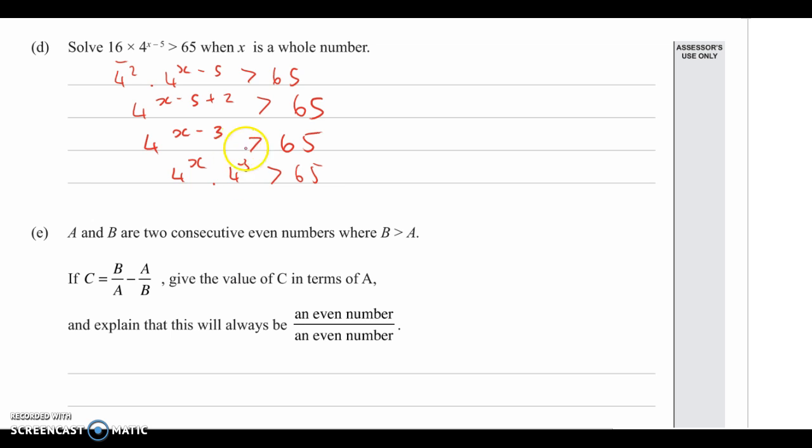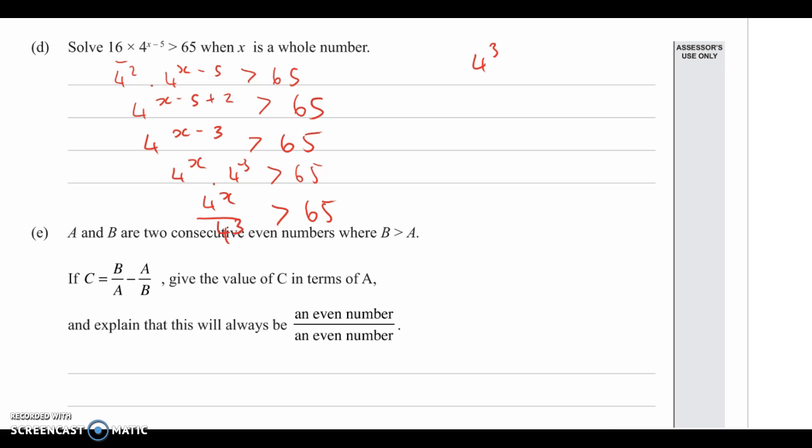And 4 to the power of negative 3 just means it's 1 over 4 to the power of positive 3. Remember, the negative exponent changes to a positive exponent if you invert it, or if you take it down to the bottom. So this is really just 4 to the power of x over 4 to the power of 3 is greater than 65.